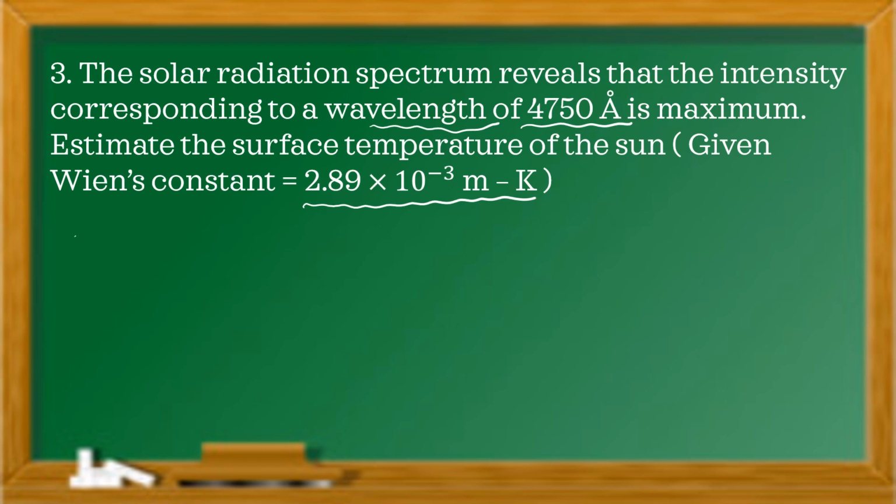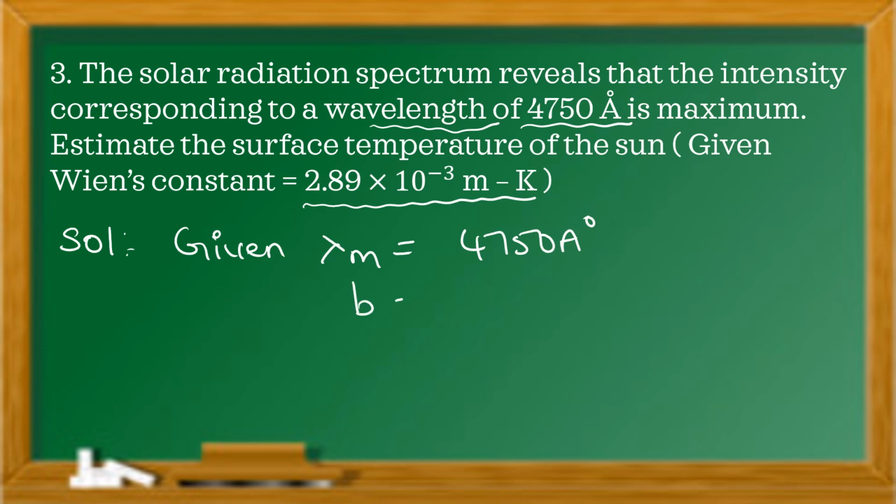Now we'll go to the solution. We'll write given lambda m is equal to 4750 Angstroms and Wien's constant given b is equal to 2.89 into 10 to the power of minus 3 meter Kelvin.